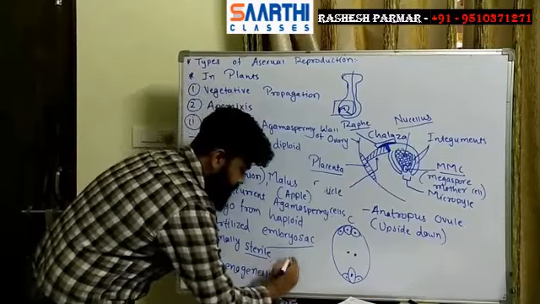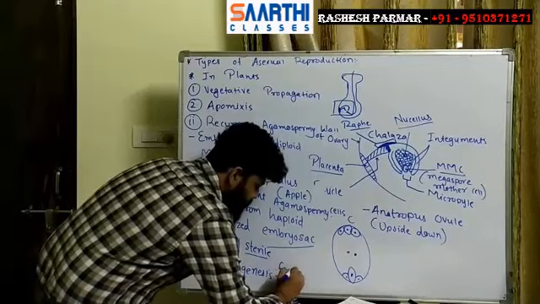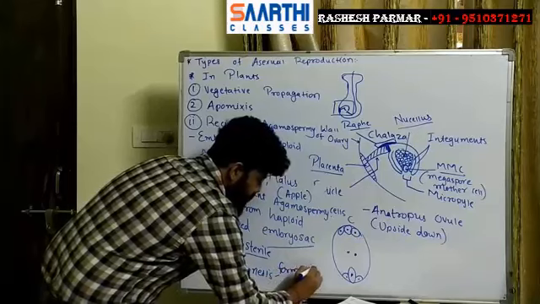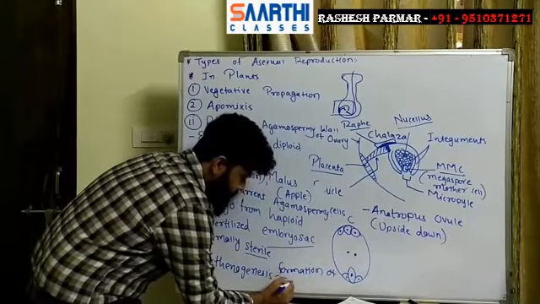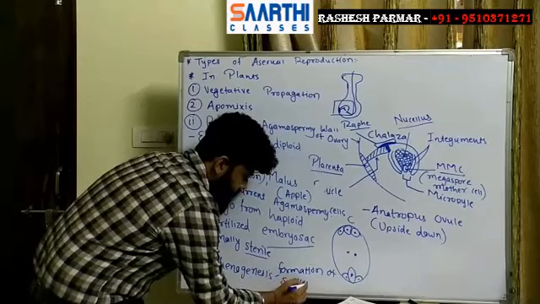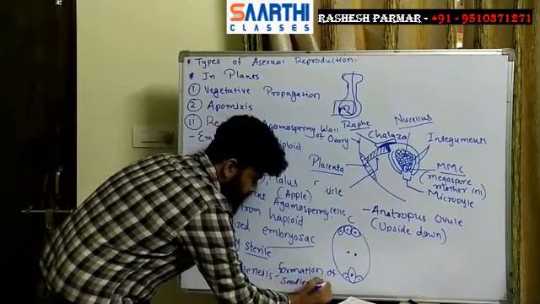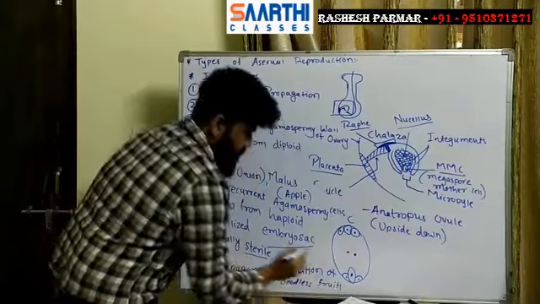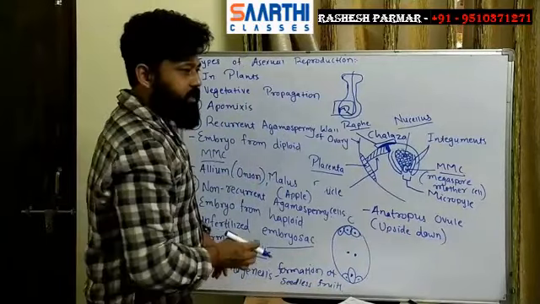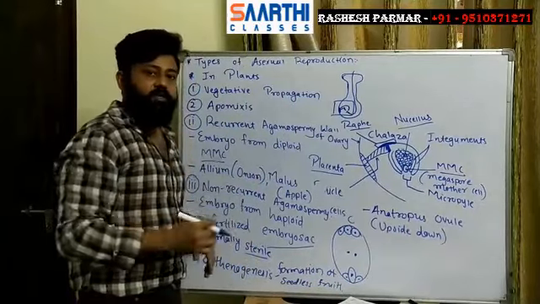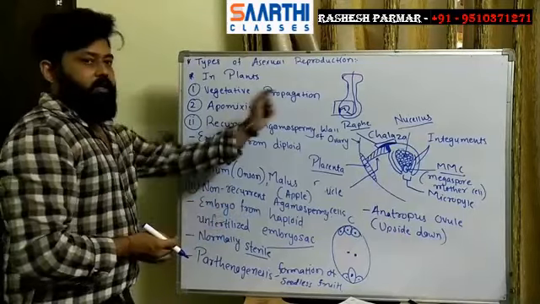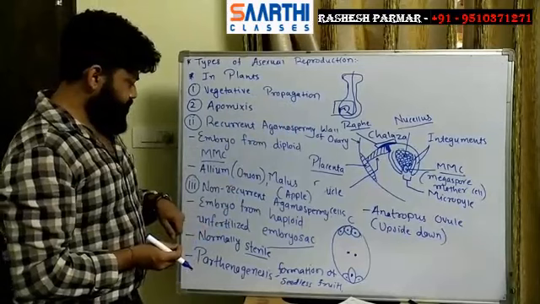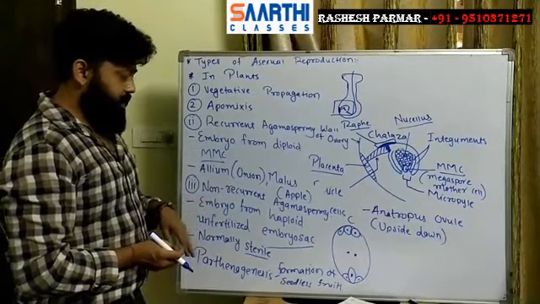Parthenogenesis is formation of seedless fruits. You can see grapes and banana. These are examples of non-recurrent agamospermy.